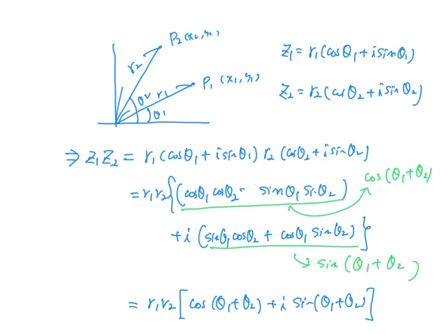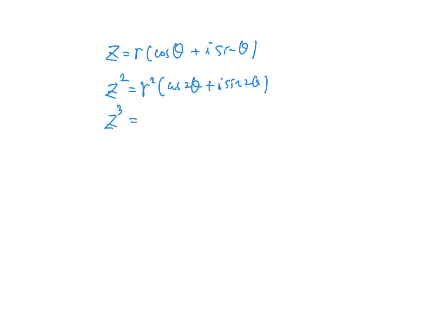So we can do many things. We can continue this. z = r (cosine theta + i sine theta). So z squared is r squared (cosine 2 theta + i sine 2 theta), right? z cubed is r cubed (cosine 3 theta + i sine 3 theta), right?